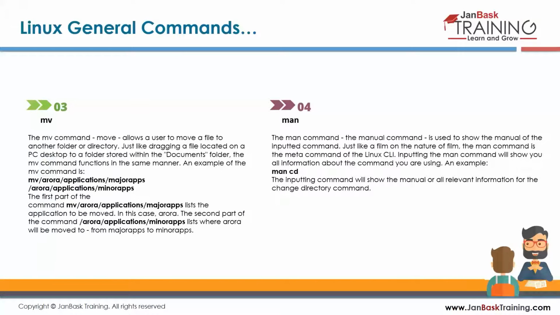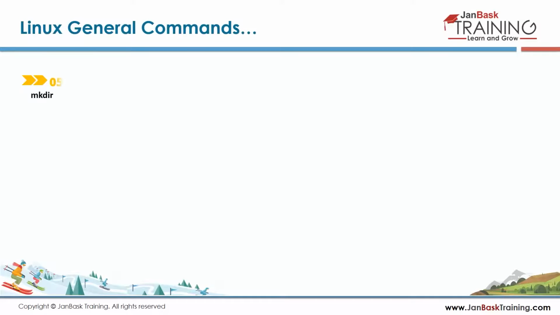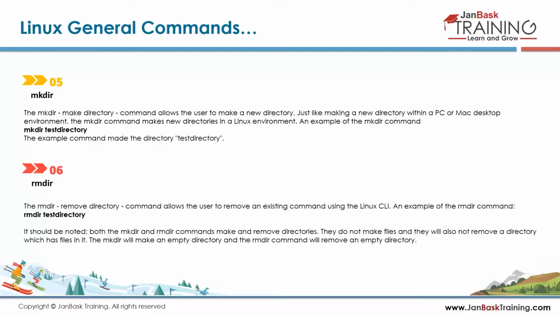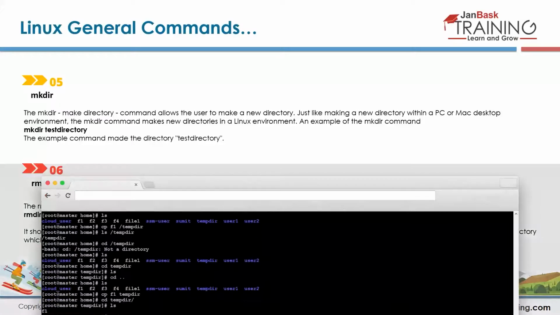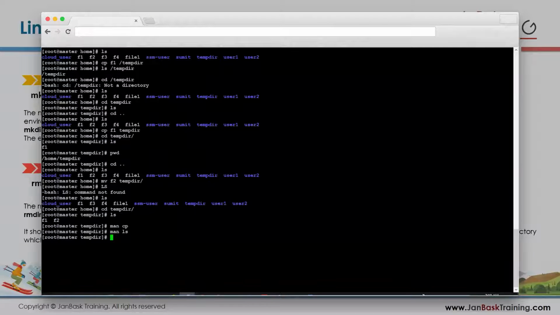Till now, we have seen how to create a file and how to create a directory. Now let's understand how to delete a file and how to delete a directory, because both operations are equally important when we are working in Linux.